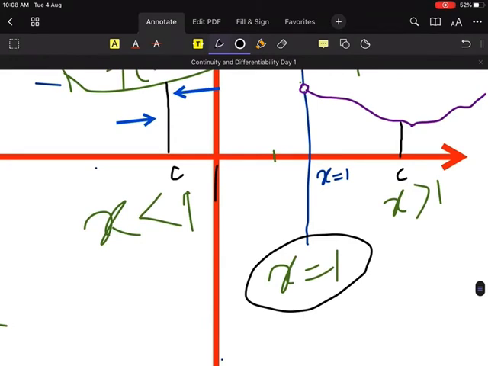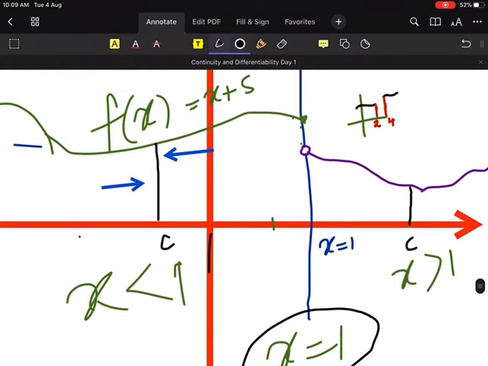Look here now. Always remember one thing. Whenever we have conditions like x greater than 1, x less than 1, x greater than 5, always think that we have to take a general point C. And whenever we have a point like this, 1, listen very carefully, it is very important.